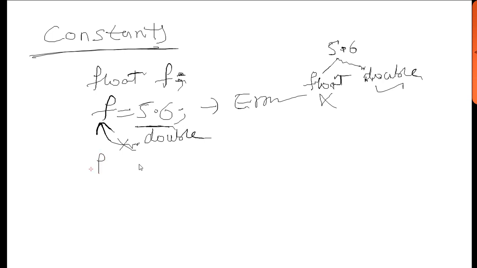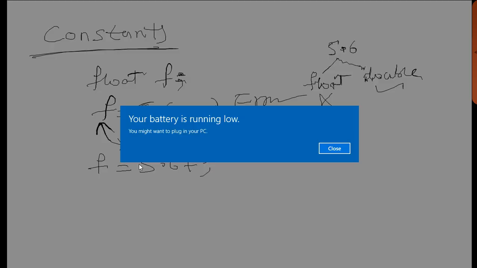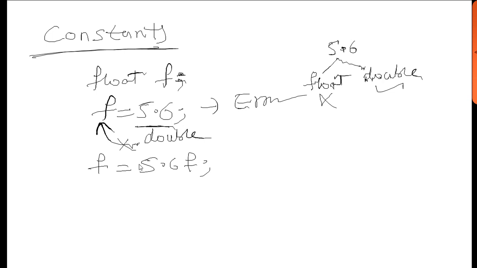How are you going to solve this problem? f is equal to 5.6f, we have tried. What does that f do here? Let us see. What is happening is, what does this f represent? F represents a float constant.